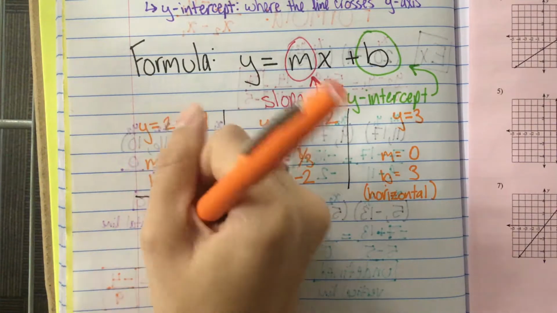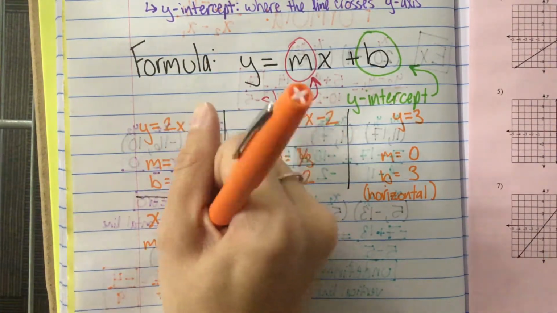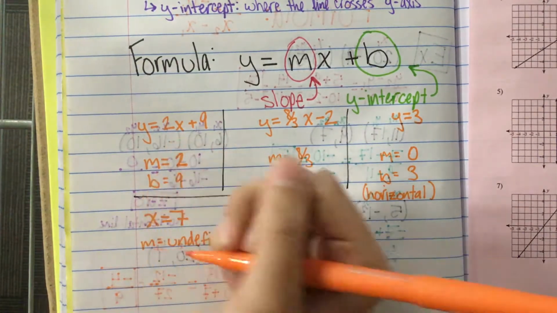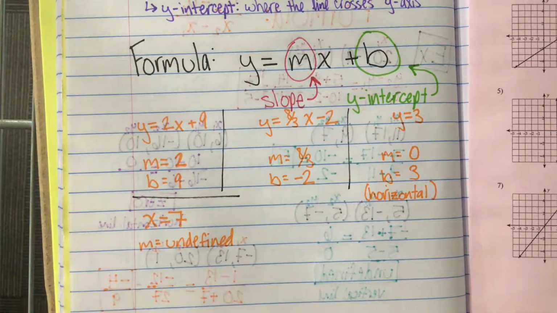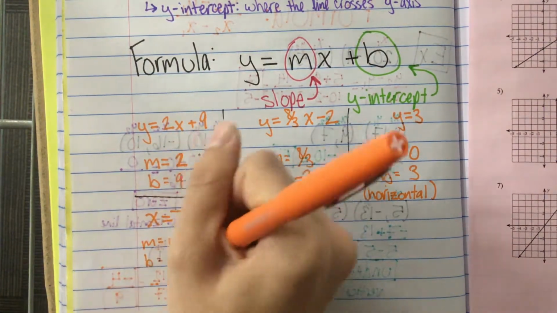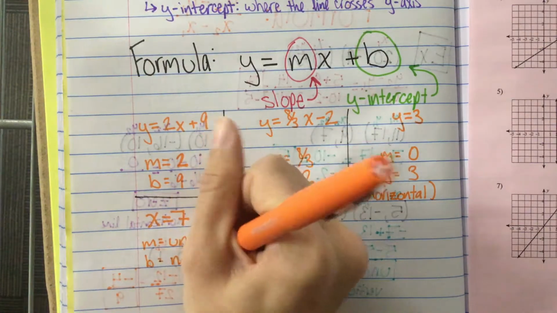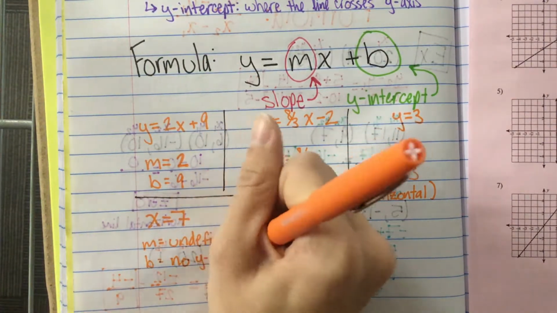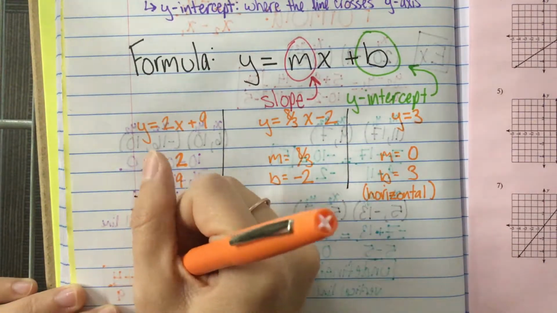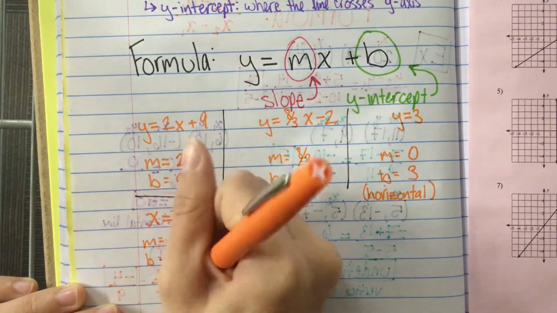Our slope is undefined. And there is no y-intercept. It is a vertical line.